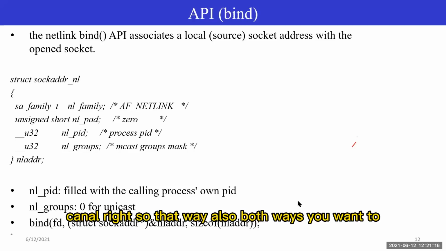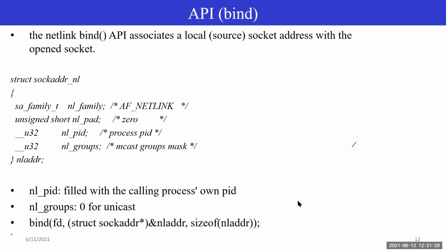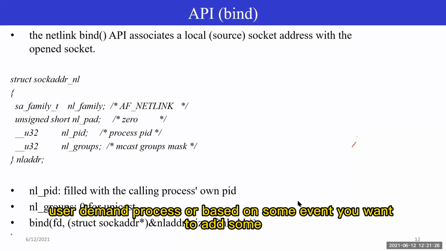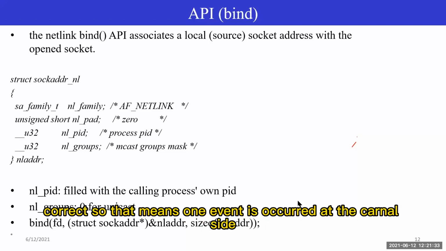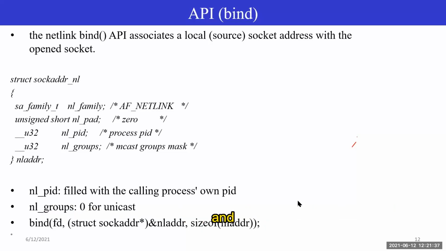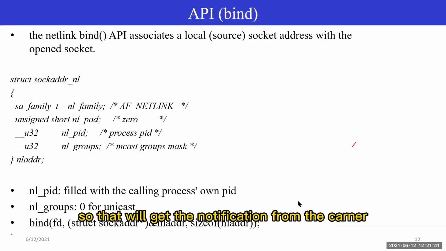So it is both ways. Means you want to set something in the routing table. Yes, you can set. That will be a user-demand process, or based on some event you want to add something dynamically. Correct. So one event occurs on the kernel side, and an application running in user space gets the notification from the kernel.